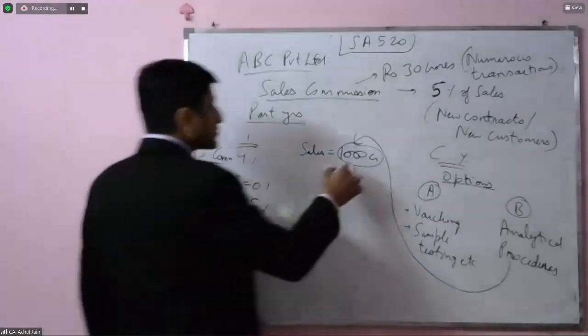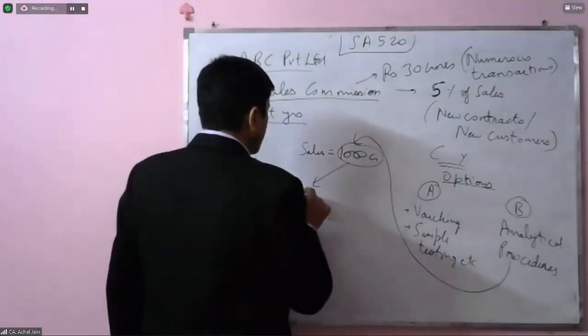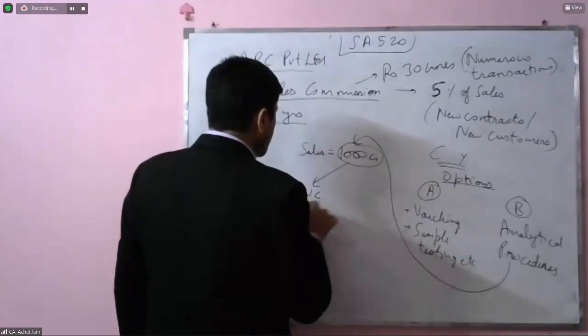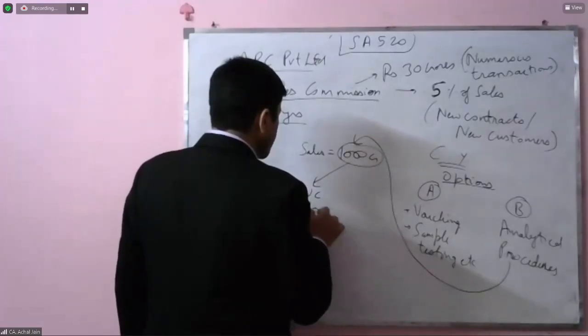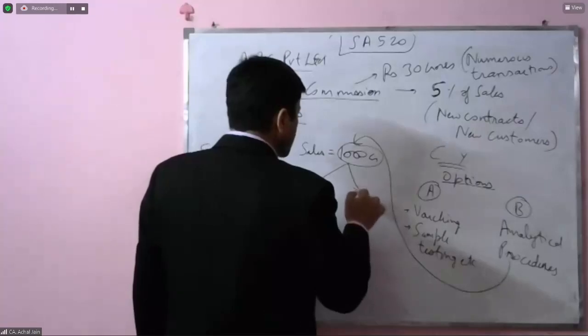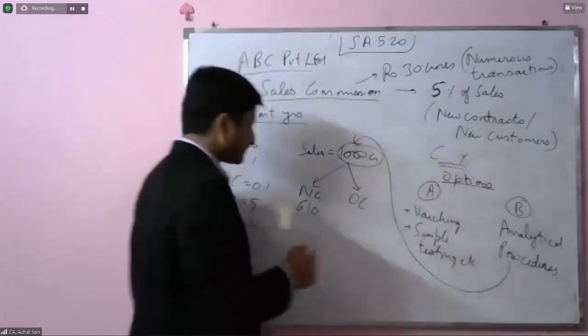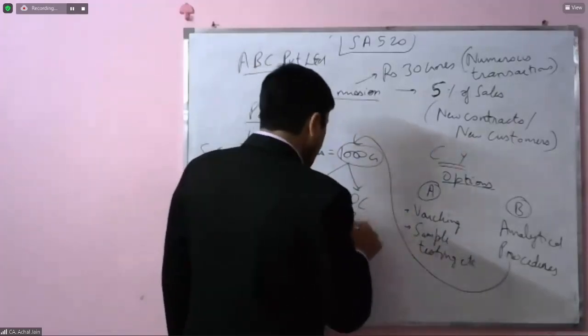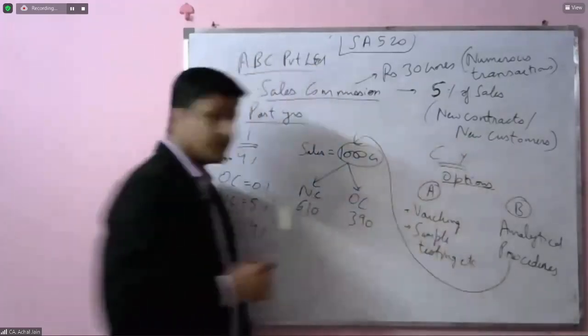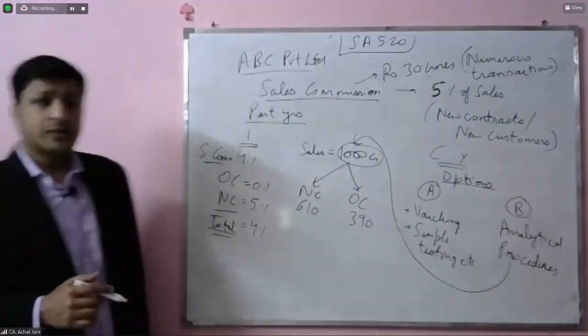Say he gets to know that sales for new customers was 610 crore and the sales for old customers was 390 crore. Okay. Now what would he do?